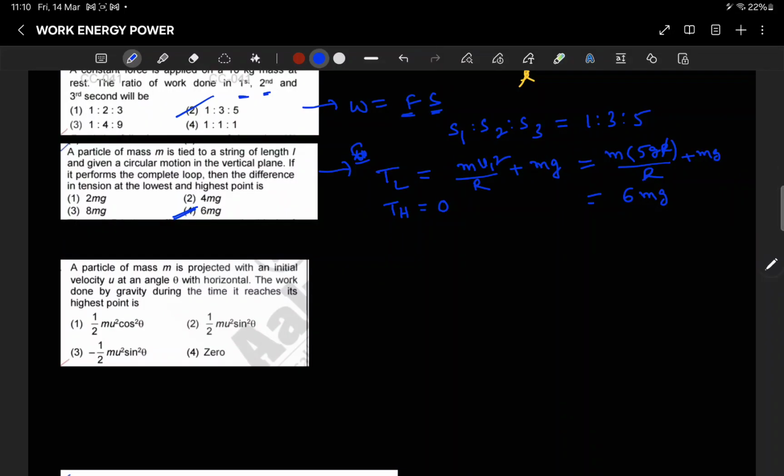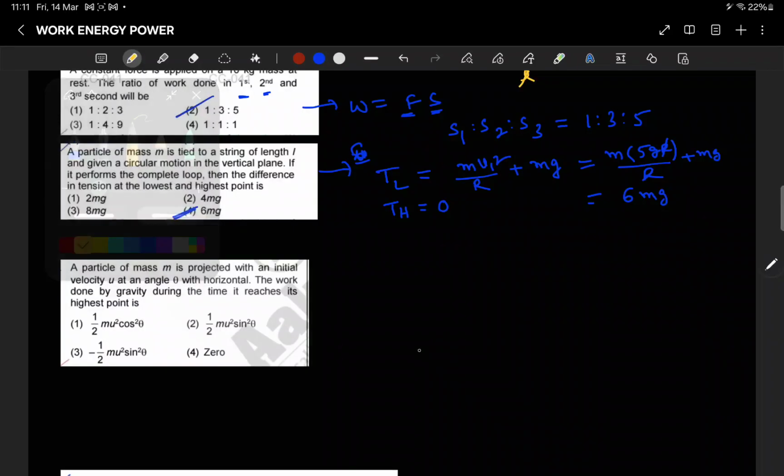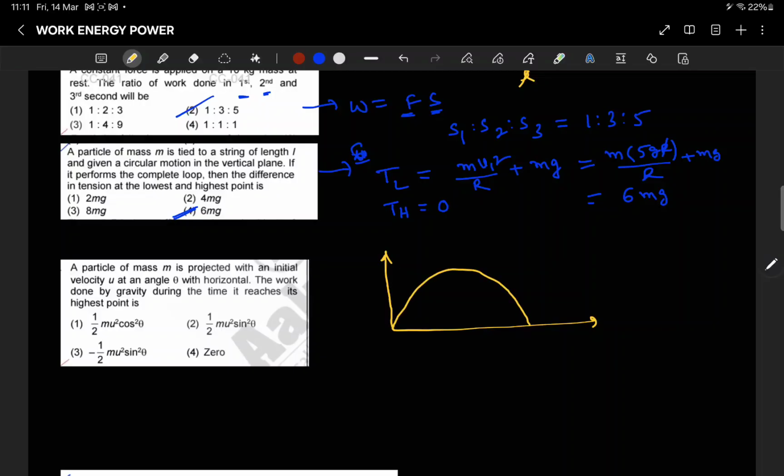A particle of mass m is projected with an initial velocity u at an angle theta with the horizontal direction. Work done by gravity during the time it reaches its highest point. Important question, students. Now projectile motion. The particle is projected making an angle theta. Path of projectile is a parabola, you know very well.